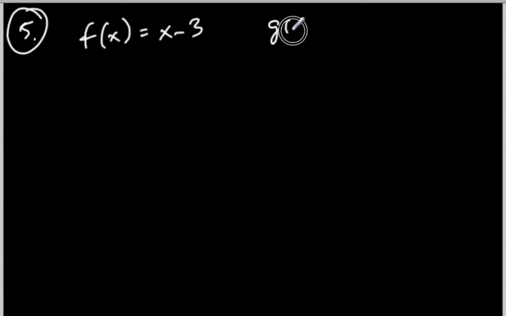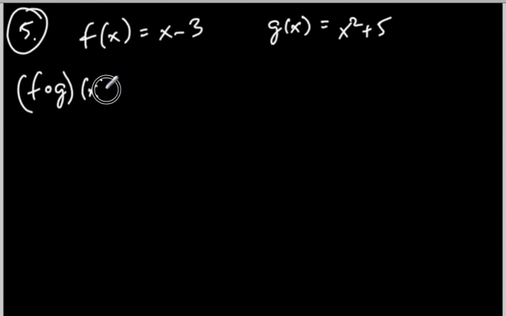Number 5. Number 5 is f of x is equal to x minus 3. G of x is equal to x squared plus 5. Okay, so f of g is f of g of x.